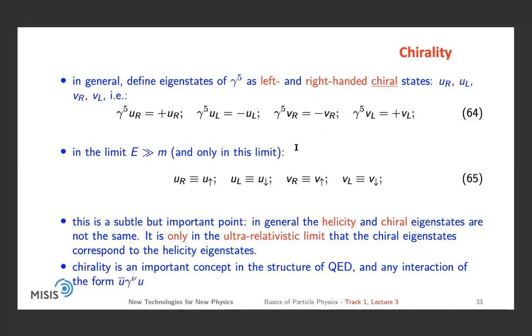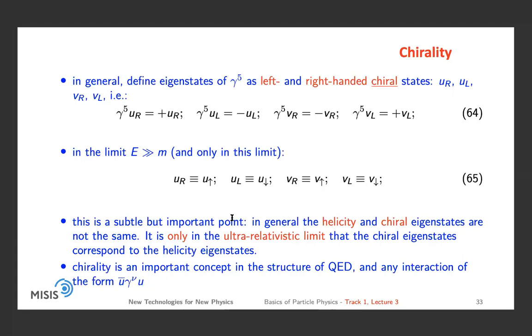In general, eigenstates of gamma 5 are defined as left and right-handed chiral states: u right, u left, v right, and v left. So this is a definition. And in the ultra-relativistic limit, the chiral eigenstates would be identical with the helicity eigenstates.